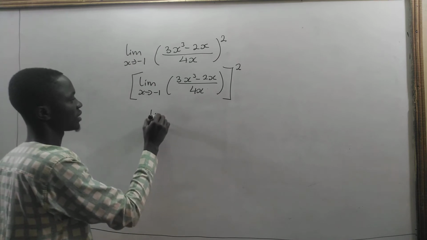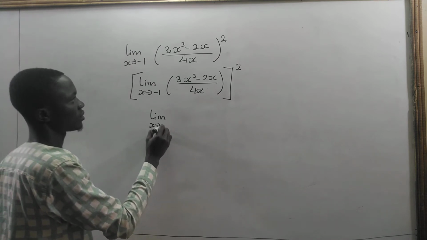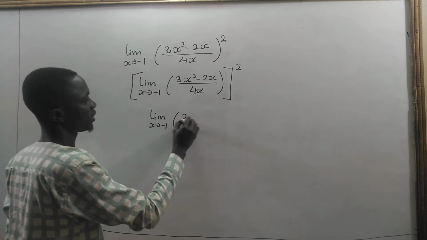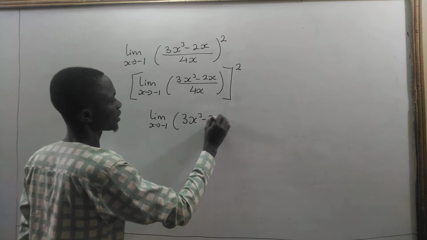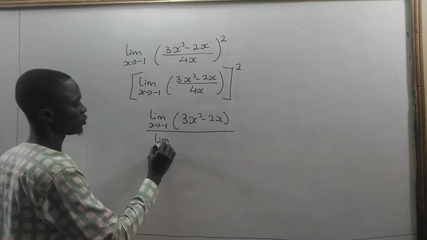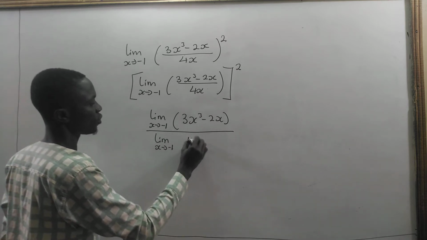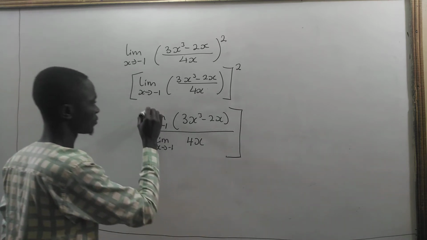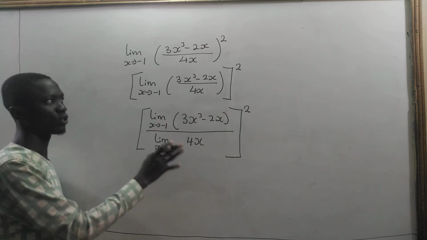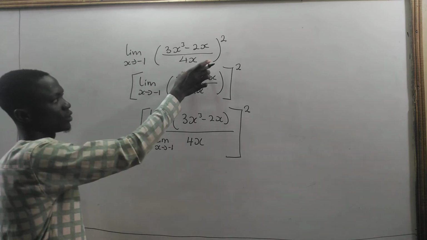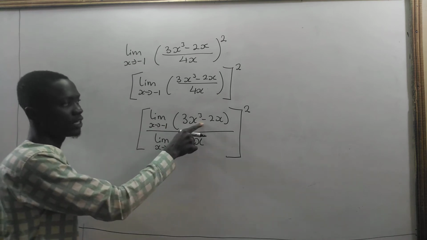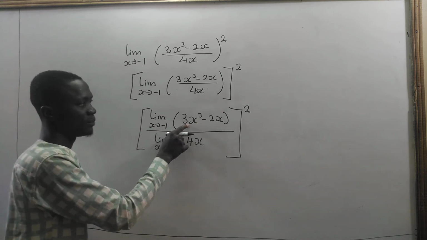So we take the limit as x approaches -1 of 3x cubed minus 2x divided by the limit as x approaches -1 of 4x all squared. That's the limit of the quotient is the quotient of the limits. So we take the limit of the numerator and the limit of the denominator separately. Then here we have the limit of the difference, so we take the limit of each term.